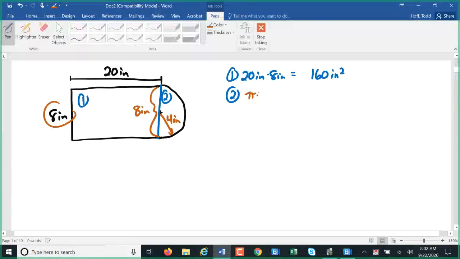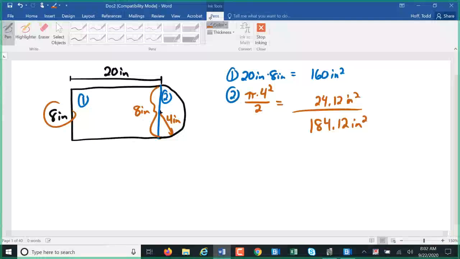So that'd be pi times 4 squared. And we're going to divide it by 2 because it is only half a circle. That gives us 24.12 square inches. We add that up to get 184.12 square inches.